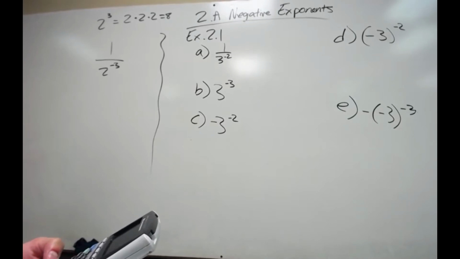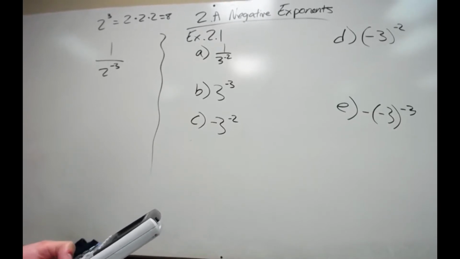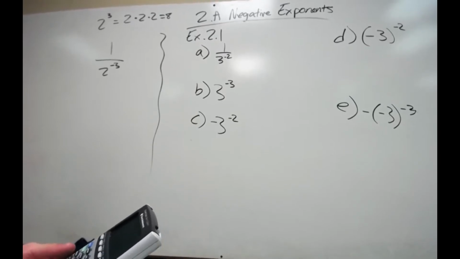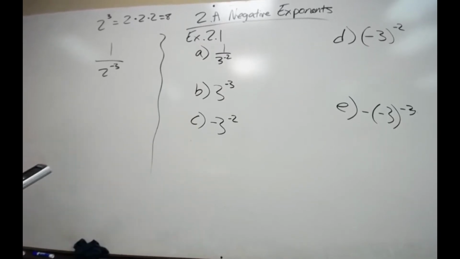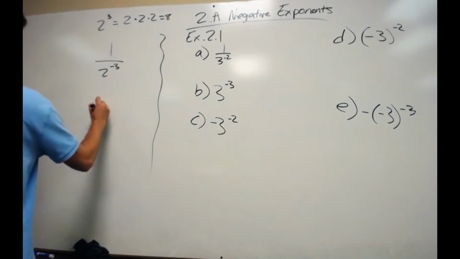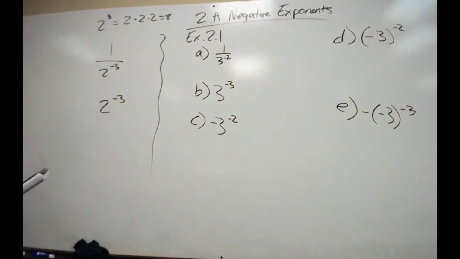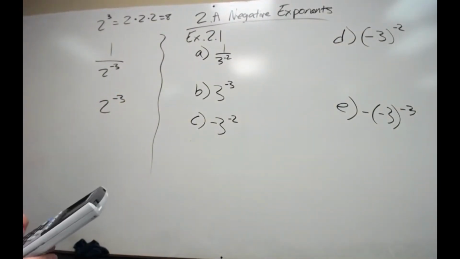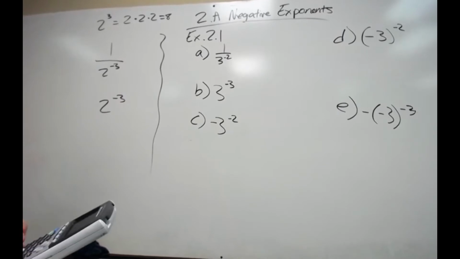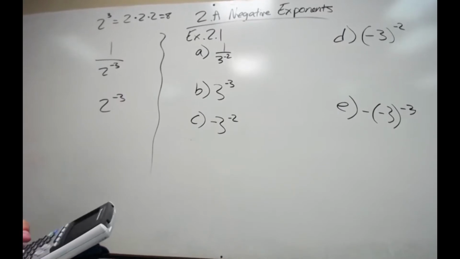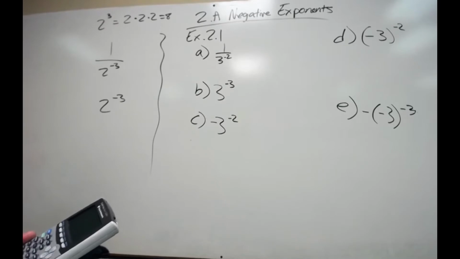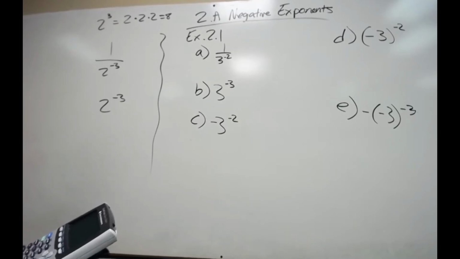Use the caret, then put negative 3, I push enter, and I get 8. Or if I had 2 negative cubed, I would type in 2 caret negative 3, and it gives me 0.25, or sorry, 0.125, which would be 1 over 8.